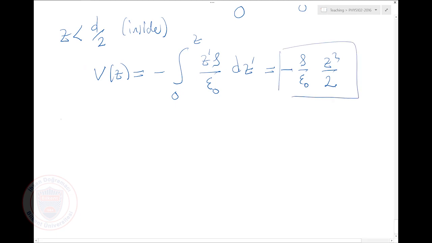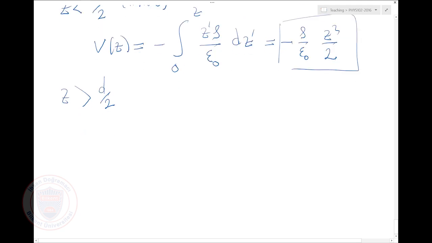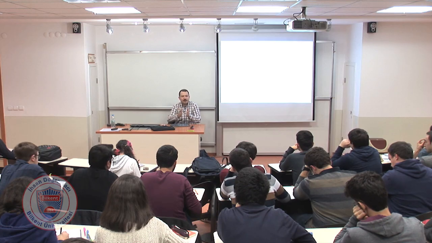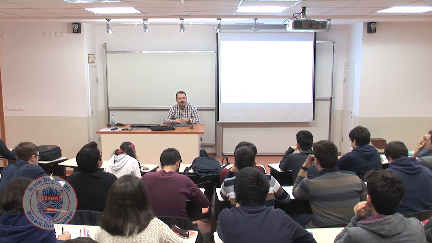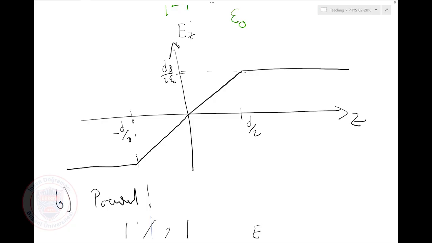How about if z is larger than d over 2? Now again I have the same E magnitude of z dz business from 0 to z. But now the functional dependence of the electric field is different on the inside and on the outside, right? What did my electric field look like? It was linear on the inside, but it was a constant on the outside.